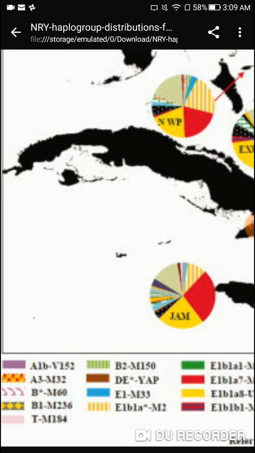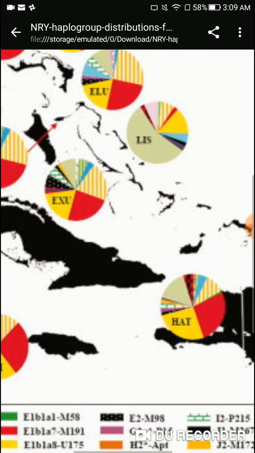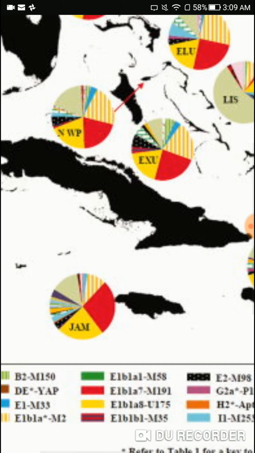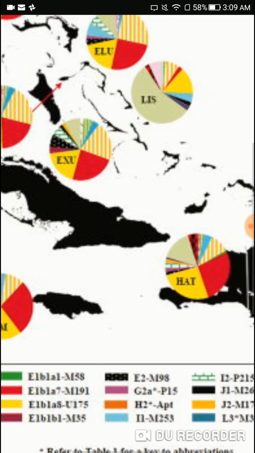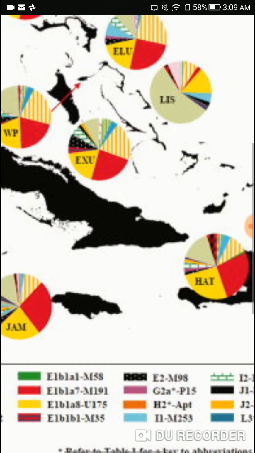So in this, we have a few islands that are representing paternal DNA frequencies. So many of these pie charts are showing a high frequency majority of our people.